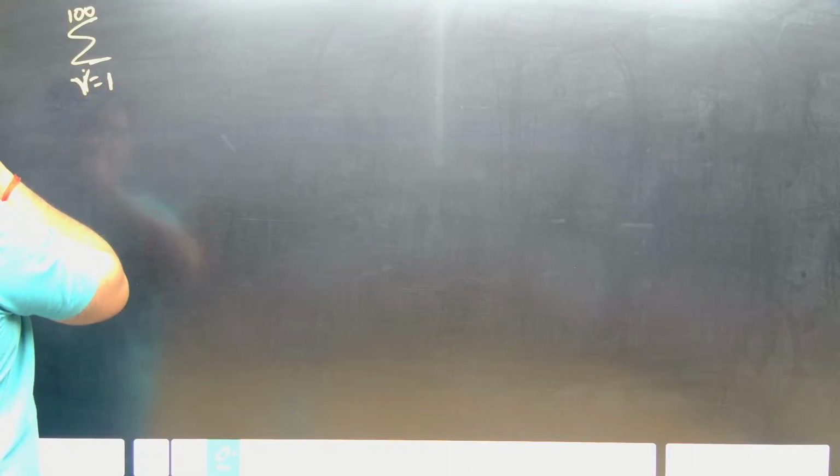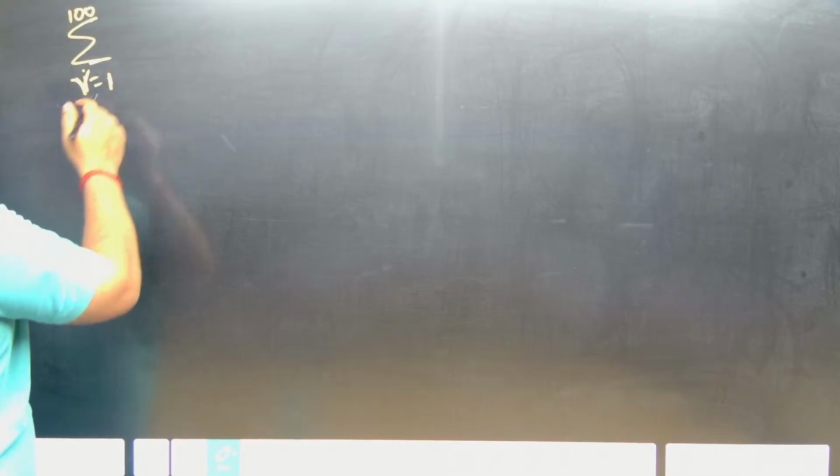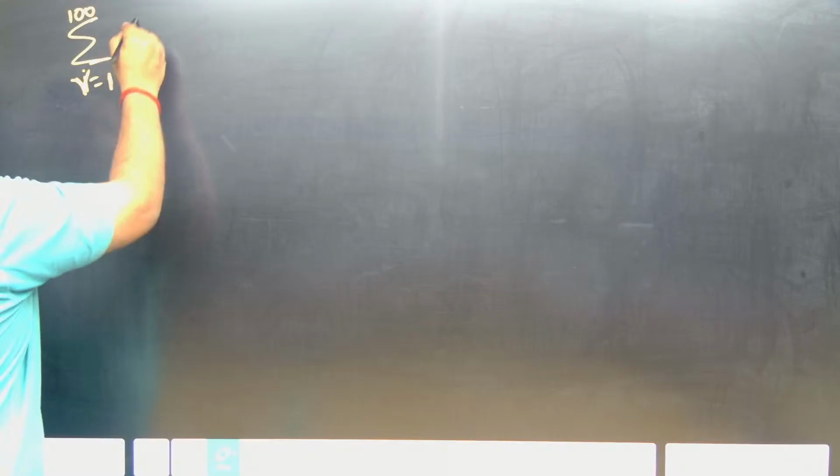This is what they will give: summation r running from 1 to 100, i power r. Now, how to solve this question?